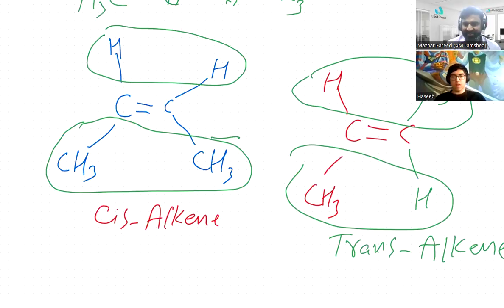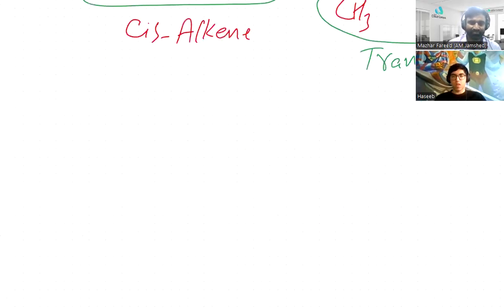We can explain it in terms of halogens. Another example: this carbon is attached by a double bond, and it is attached with CH3, and it is attached with chlorine and bromine.